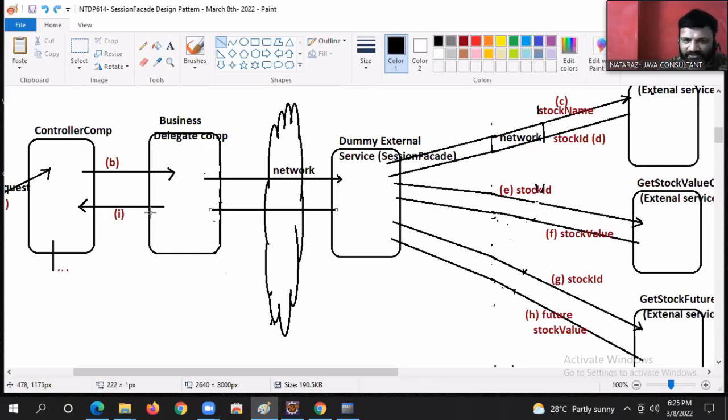This will be a local communication. How many times do we have network round trips to invoke all three services? Only one time. It's a good thought, or not? I hope everyone is convinced with my thought process, my dear.